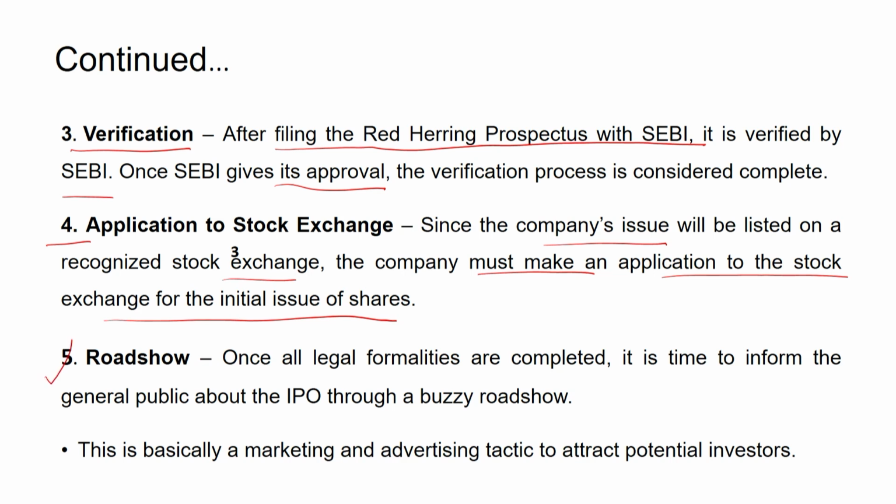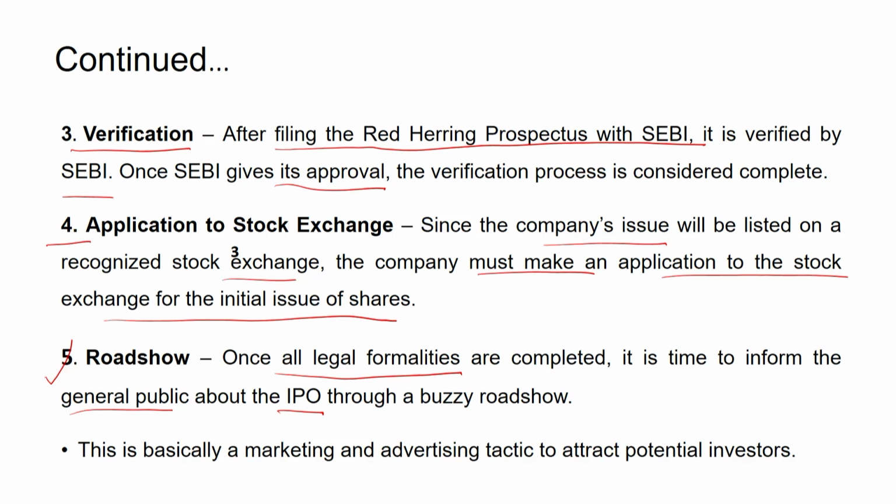After that, the roadshow is done. By roadshow, we mean it is a time to inform and make the general public aware of the offering. Once all the legal formalities are completed, the company needs to make the public aware about the launch of their IPO through the various platforms available to them.